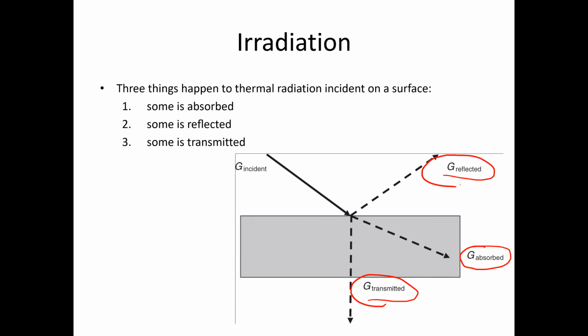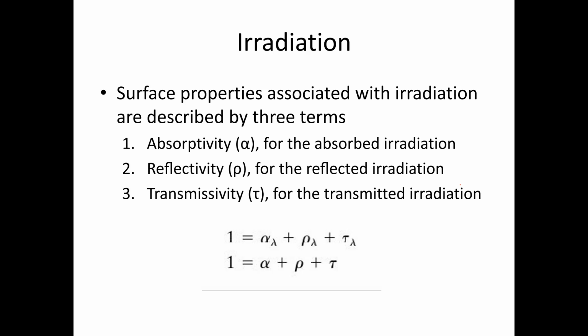So basically the surface properties dictate which one's absorbed, which one's reflected, which is transmitted. Those are done according to three different properties: absorptivity, reflectivity, and transmissivity. Those three constants add up to be 1.